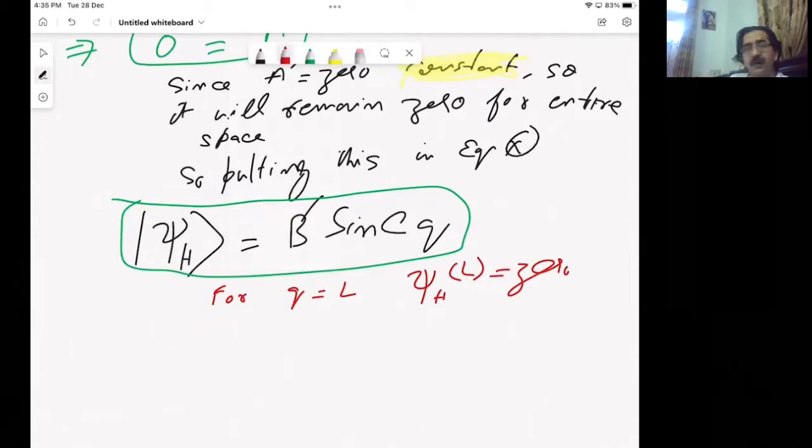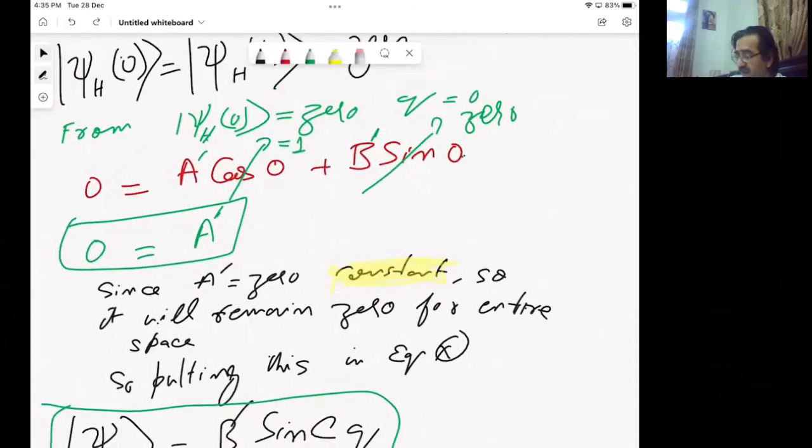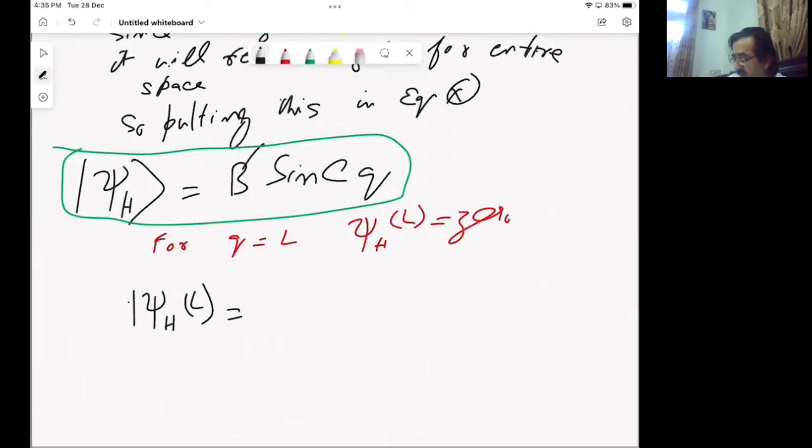If I put this value here, then psi HL will be equal to B prime sine CL. Yes, I have written Q is equal to L.